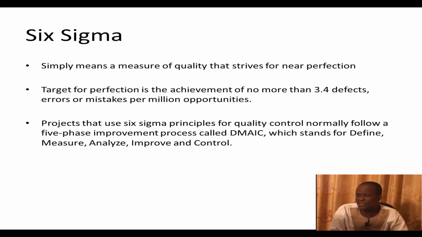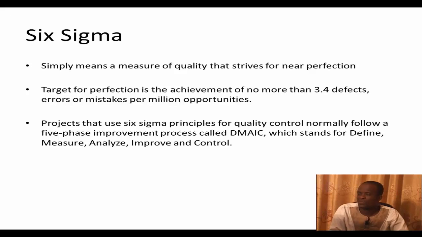There's also Six Sigma, and it's gained prominence these years. It simply means a measure of quality that strives for near perfection. The target for perfection in Six Sigma is the achievement of no more than 3.4 defects, errors, or mistakes per million opportunities.